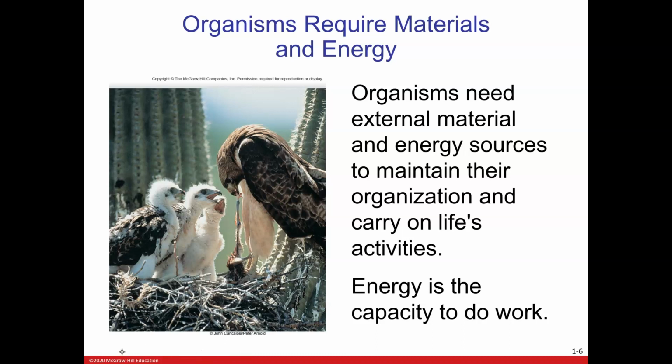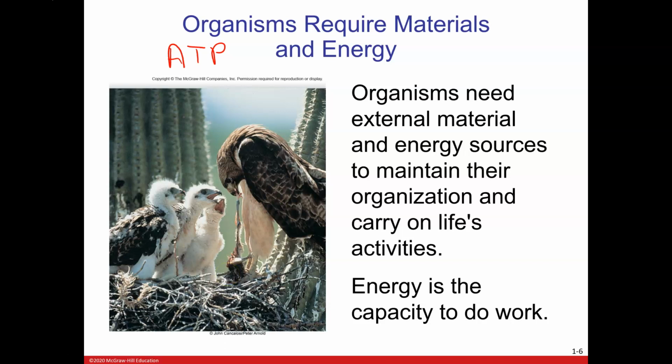We need energy. And so the energy that our cells use is called ATP. But we don't eat or take in ATP. We take in materials that allow us to produce ATP. So we take in nutrients. Here is a bird feeding her young.